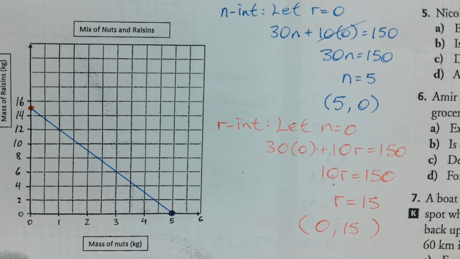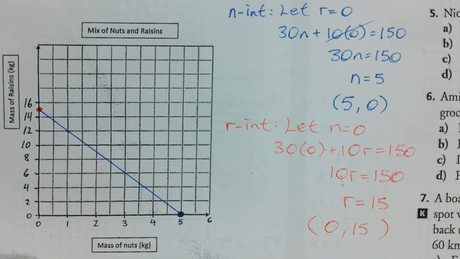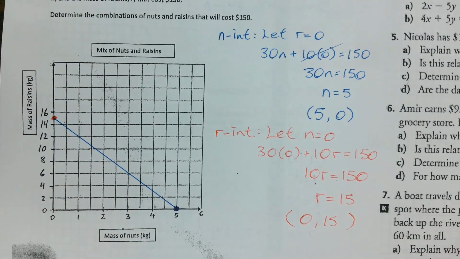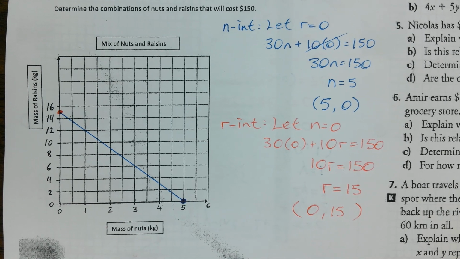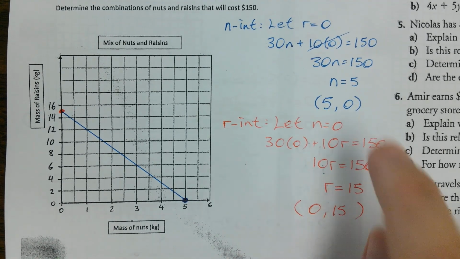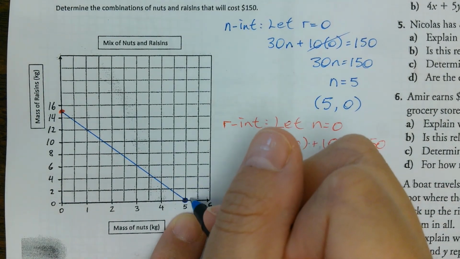Okay. I did all this work, I have the graph, but I never answered the question. What was the question? Determine the combination of nuts and raisins that will cost $150. So what does this point mean, 5,0?